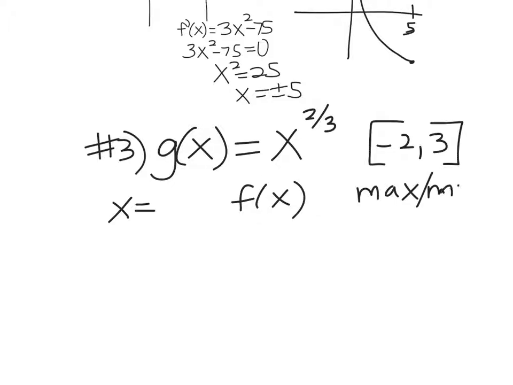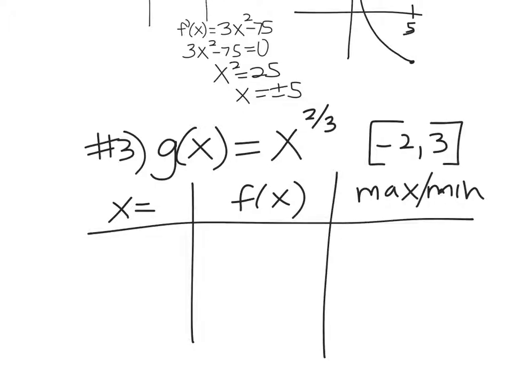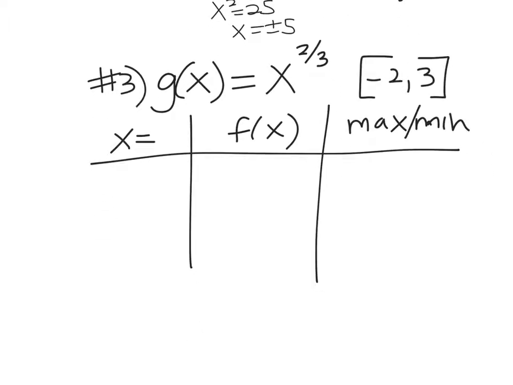I'm going to let you just do max or min on these, because I don't even think the book asks you for absolutes. Alrighty, so I always start with the endpoints first, because I know that I need both of them. So I have x equals negative 2 and x equals positive 3. And we're going to round to 2 decimal places here if we need to.